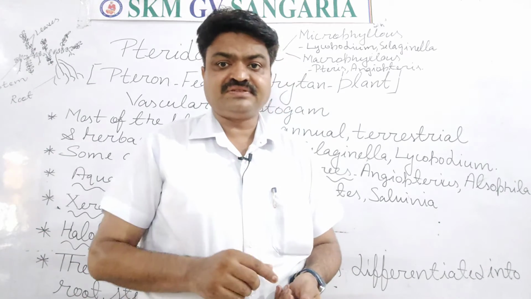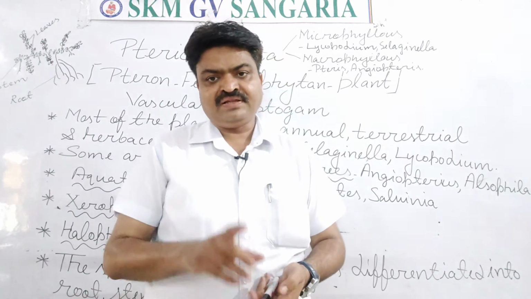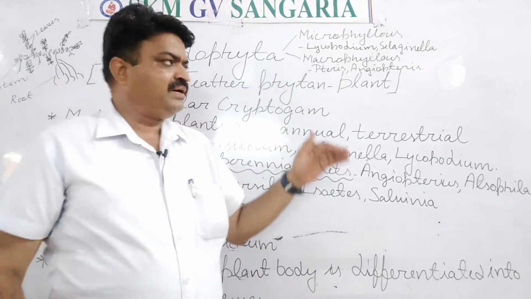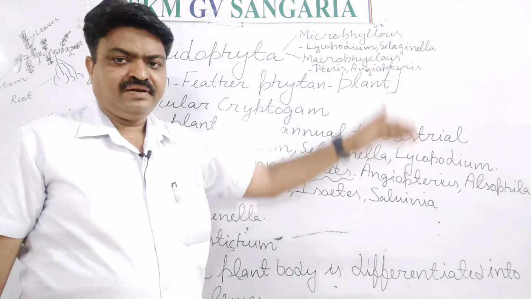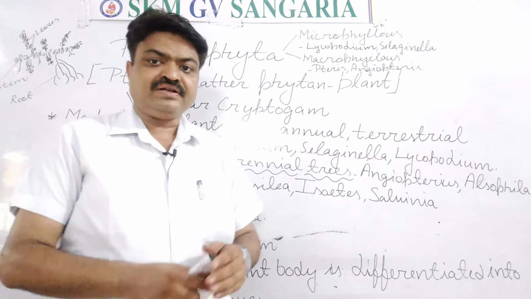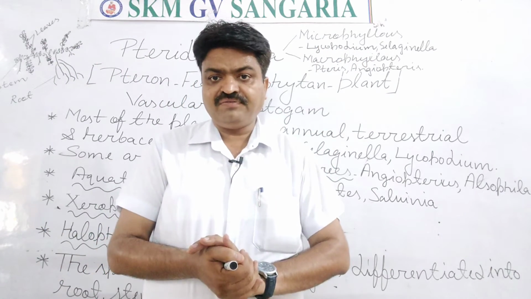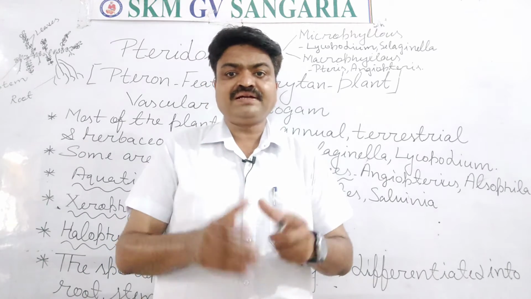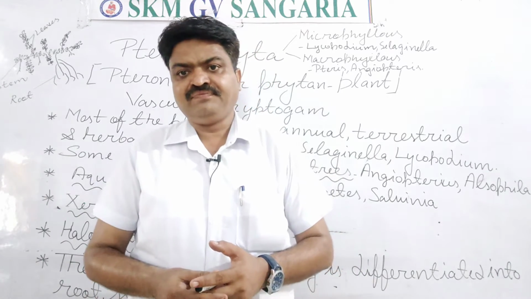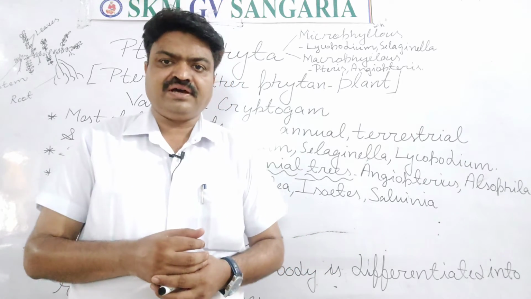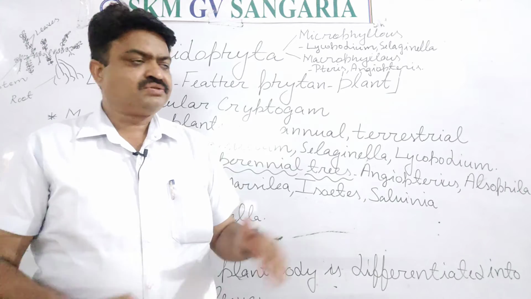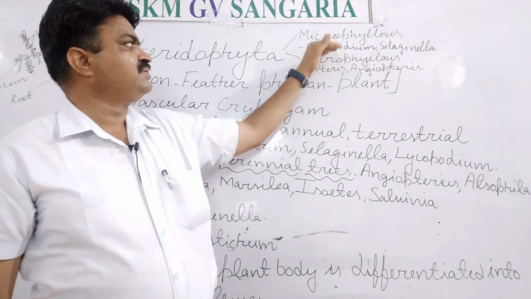They have single venation in their leaves. But in macrophyllous pteridophytes, large leaves are found, and they have complex venation. Their leaves also have a gap, like the leaves of higher plants. So that is about the macrophyllous.